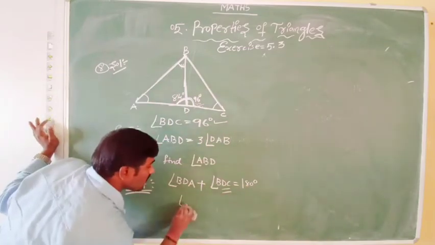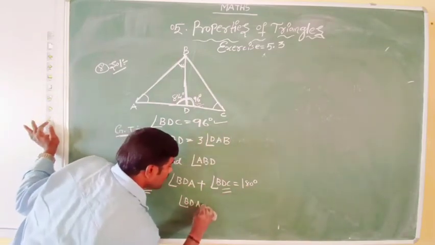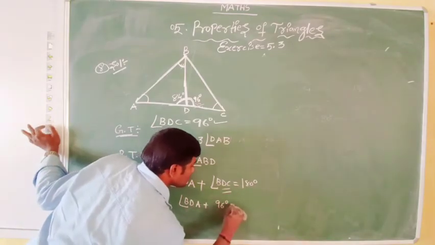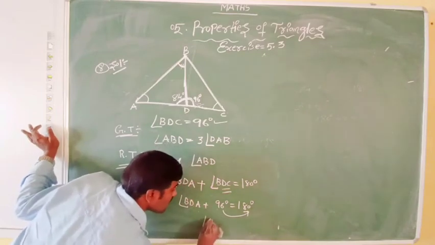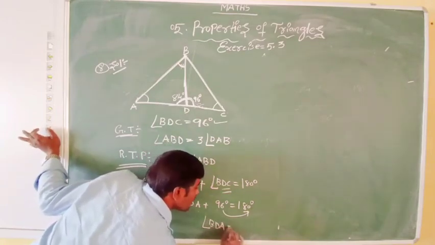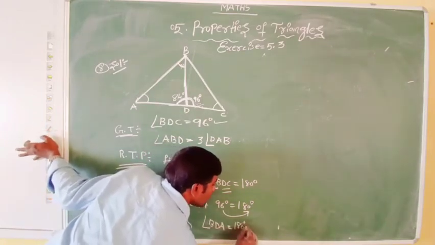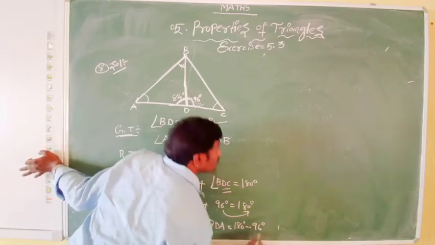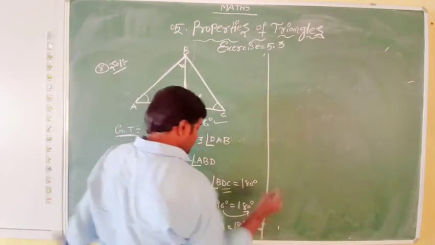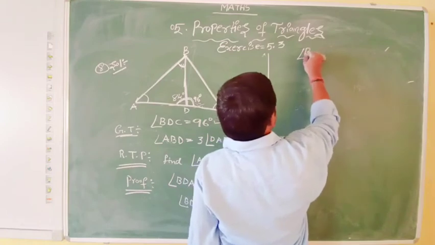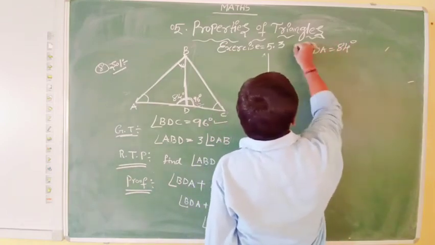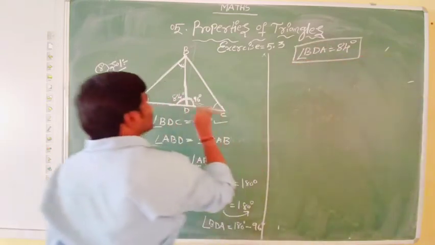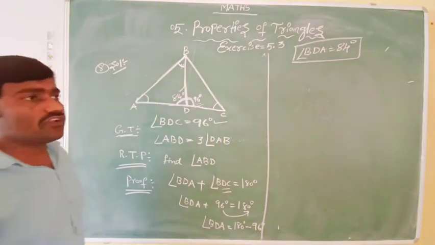Substituting, angle BDA plus 96 degrees equals 180 degrees. This 96 degrees we transfer to this side. Angle BDA equals 180 degrees minus 96 degrees. Then we get angle BDA equal to 84 degrees.